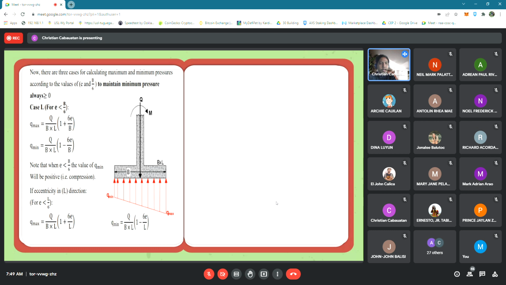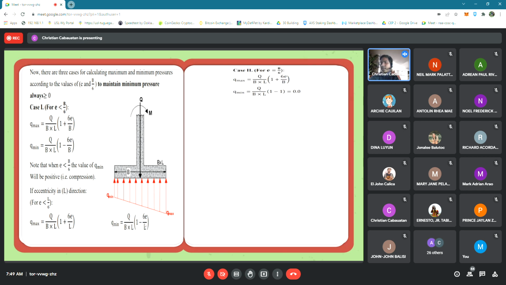Pero, ang gagamitin lang po natin ng kakaiba dyan, okay? We will be using the length, or the size of its length, instead of the letter B. Okay. Yun yung pagkakaiba niya lang. If the problem is stating that the axis of its eccentricity acts on the length direction. Okay?